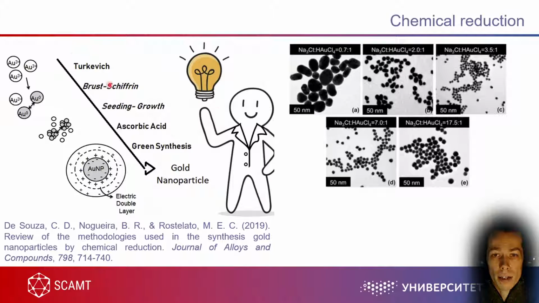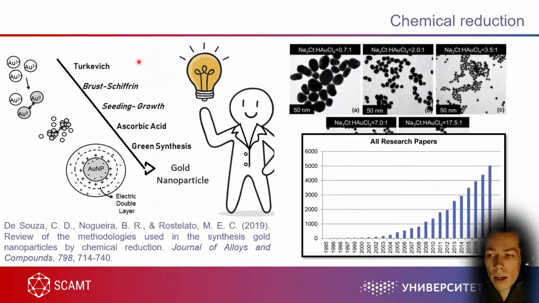And despite these methods having been developed a long time ago, like 50, 60, 70 years, there's still a lot of research papers published, even in 2018. Since this paper is from the previous year, there's not much data available, but still reduction methods are used very successfully for producing gold nanoparticles.